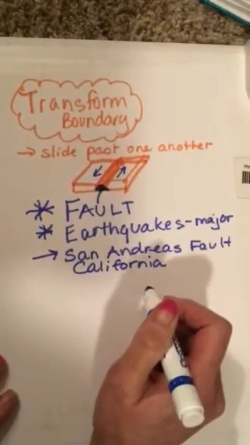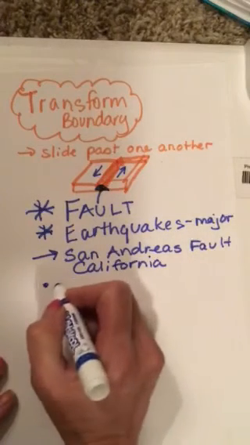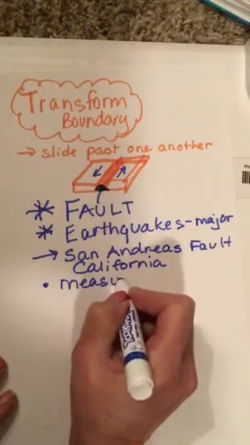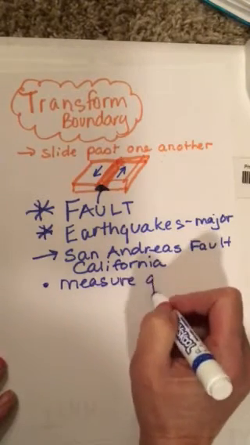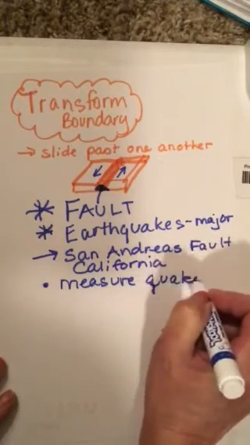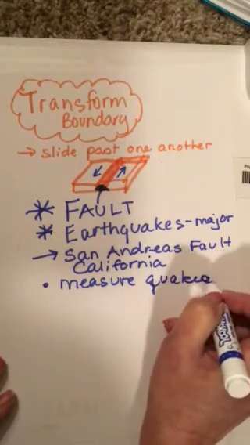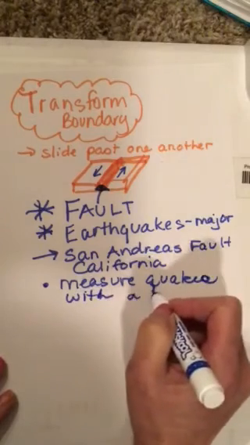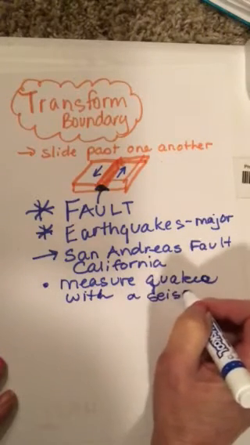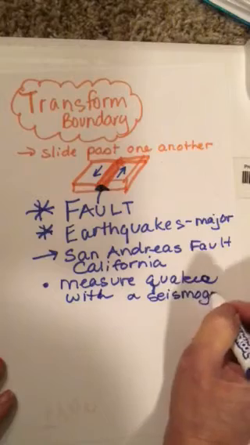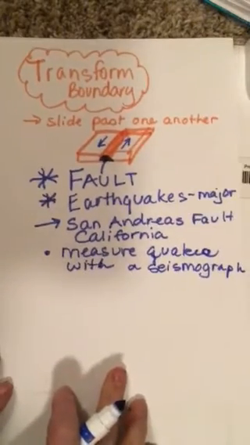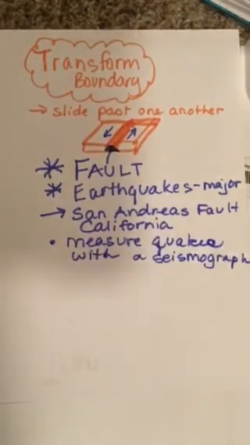So how do we measure earthquakes? We measure earthquakes with what's known as a seismograph. And we take the data that we gain from this machine, the seismograph, and we compare it to what's known as a Richter scale.